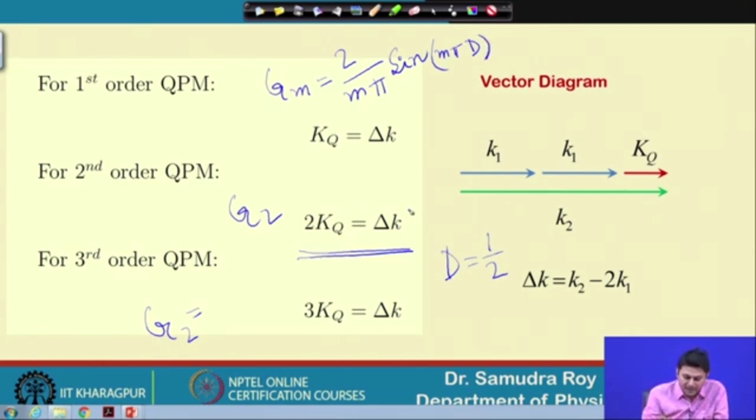Now, suppose we have second order phase matching. For second order phase matching, the value of m is 2. Now, I try to find out what my G 2 is, because G 2 will be affecting the generation of the second harmonic. So, G 2 will be 2 divided by 2 pi, because m is 2, and then sine of 2 pi multiplied by D.